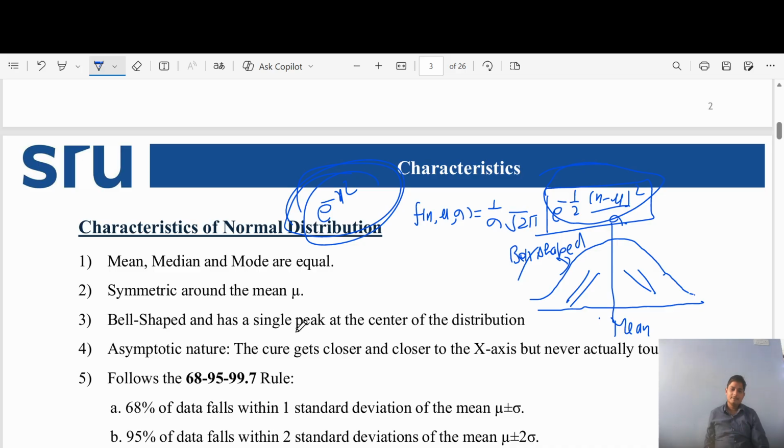It is bell shaped and has a single peak at the center of the distribution. So this is the peak value. Asymptotic nature means this curve comes closer to the x-axis but never touches the x-axis. So this is the asymptotic nature.